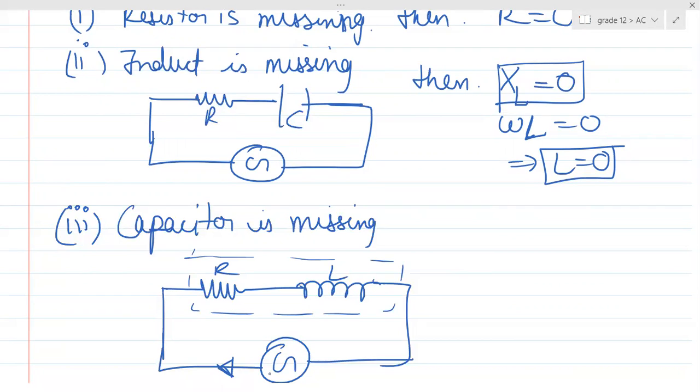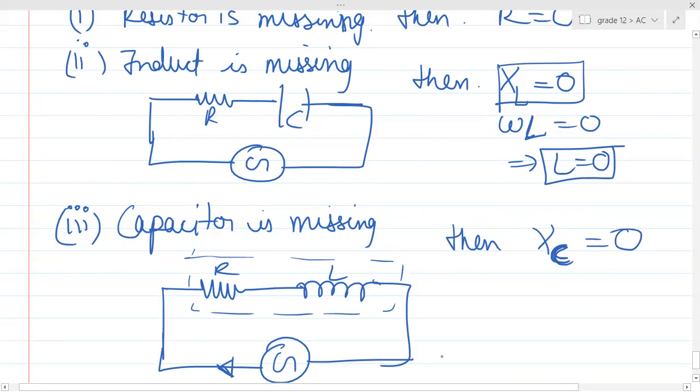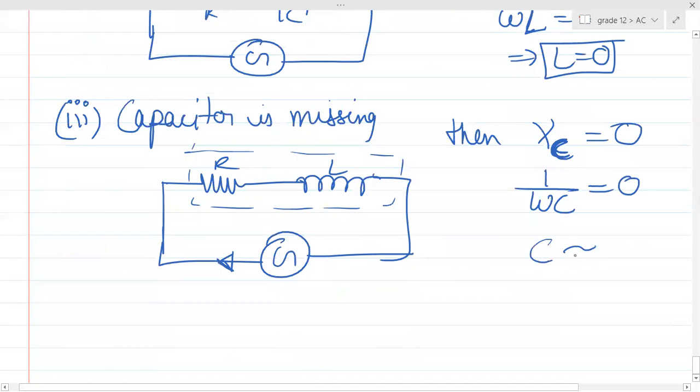In the previous case, because of the capacitor, the current was becoming 0, right? So here you will not say the capacitance is 0. Here you will say that the effective reactance due to the capacitor is 0. If that is 0, that implies 1 upon omega C is 0, and for that C should be infinite.